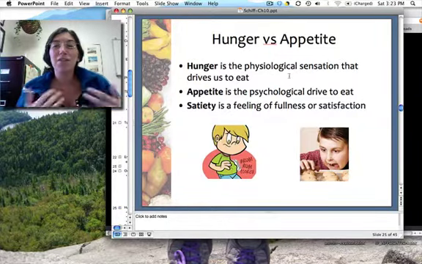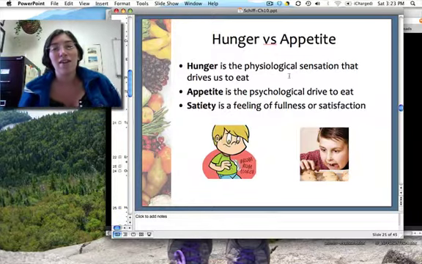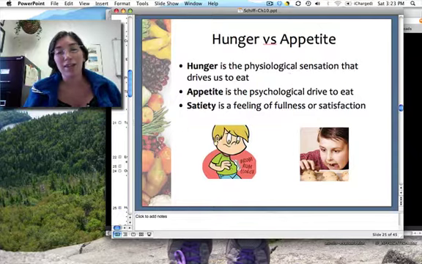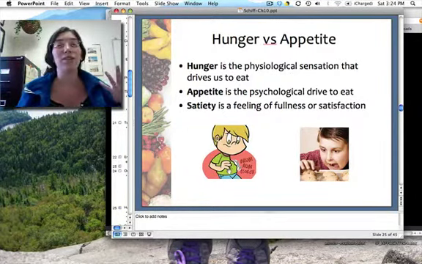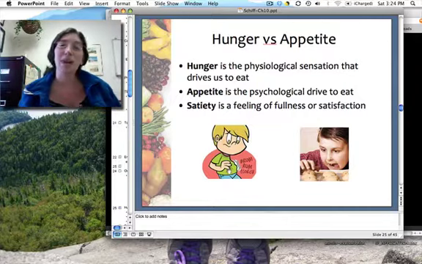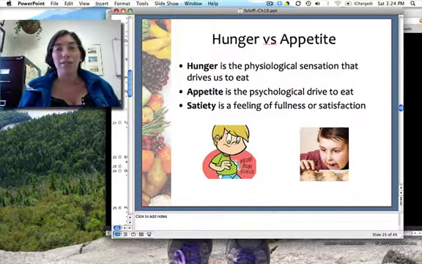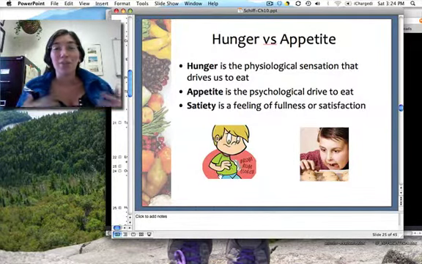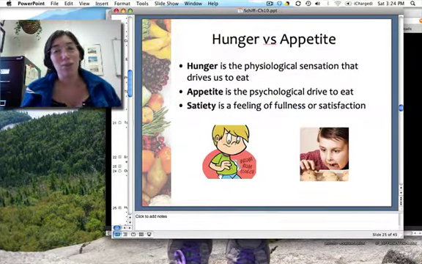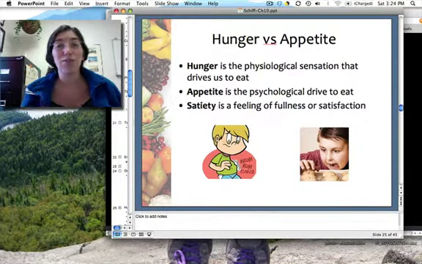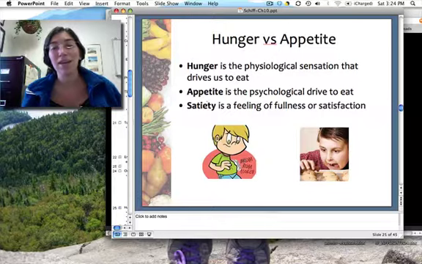That means it's the physical sensation that you need to eat. So for instance, when your stomach grumbles, when you get a headache, or you're lightheaded, or you just feel tired and low energy, because you haven't had food in a while. All of those things are signs that your body physically needs food, and that physical drive to eat is hunger.